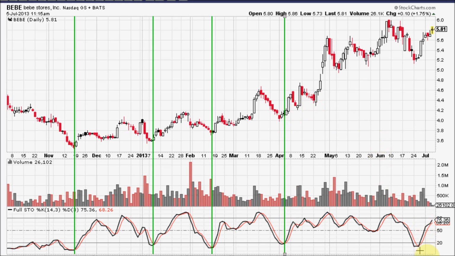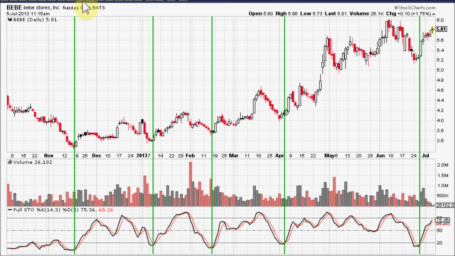The last time it happens on this chart is after a pretty serious pullback here from about $6 down to $5.20. The stock became very oversold. It was under 20. The black line crossed up through the signal line, and the stock went up.